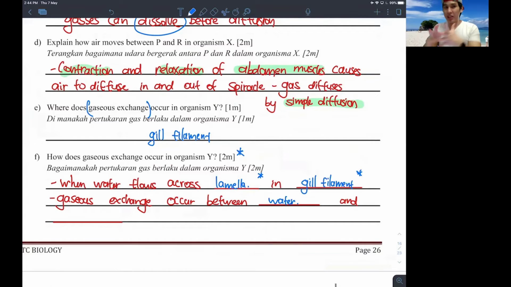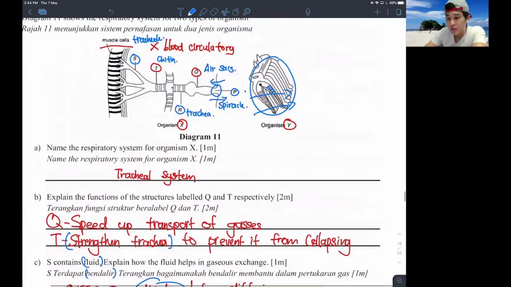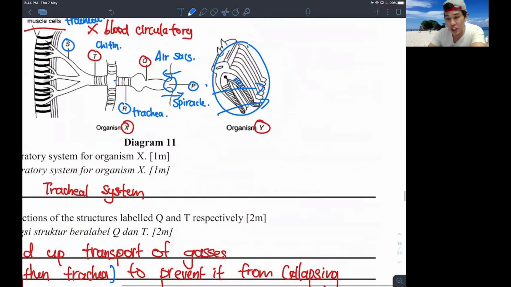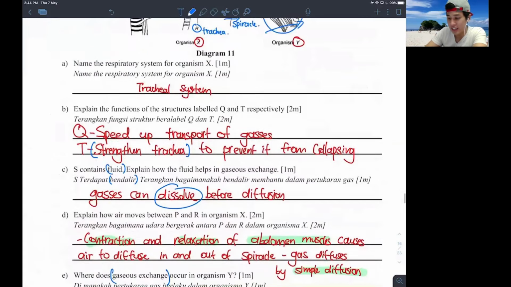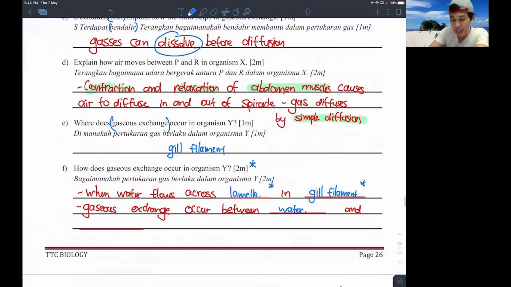So inside lamella, you still have something that gases exchange occurs with. So in lamella, gases exchange will occur between water and the blood capillaries.